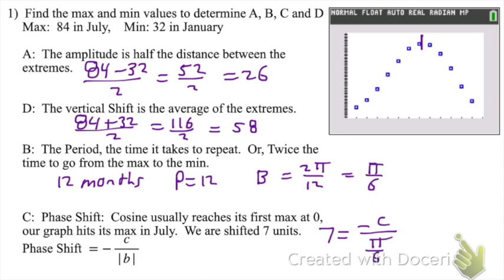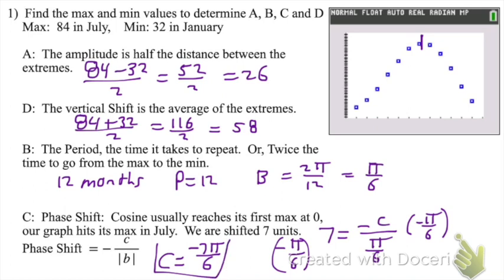And again, like we did in the last one, we have to multiply by negative pi over 6 to make our C positive and to remove our denominator. When we do this, we find that C equals negative 7 pi over 6. That's my C. So we have a C, we have a B, we have a D, we have an A.